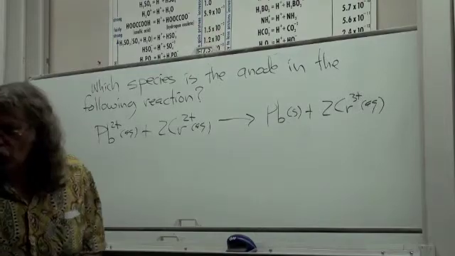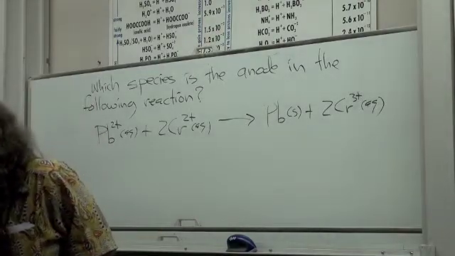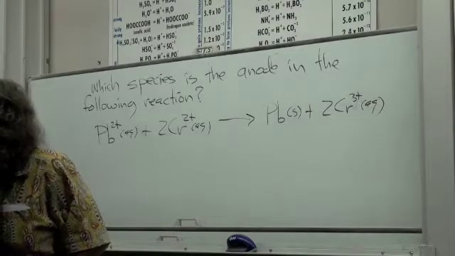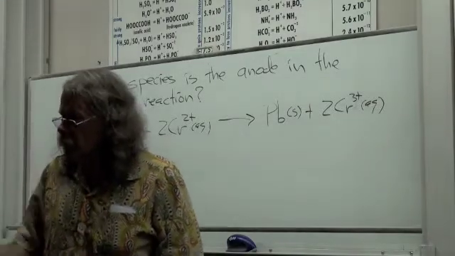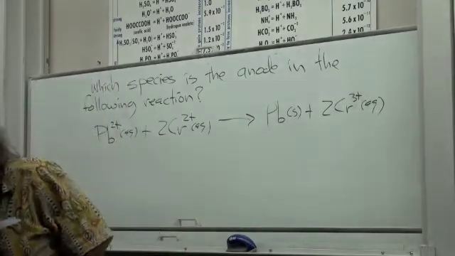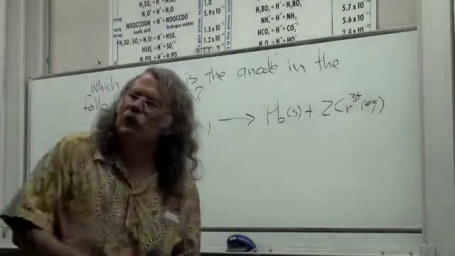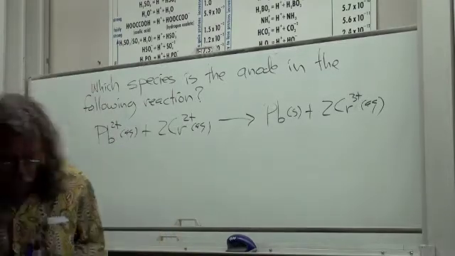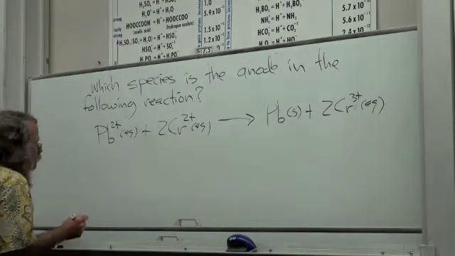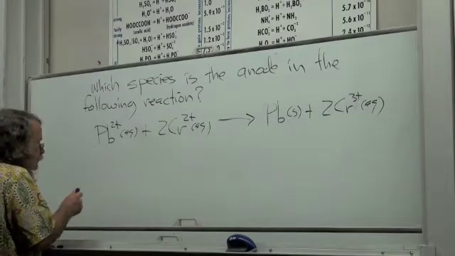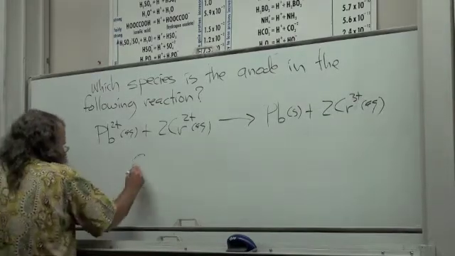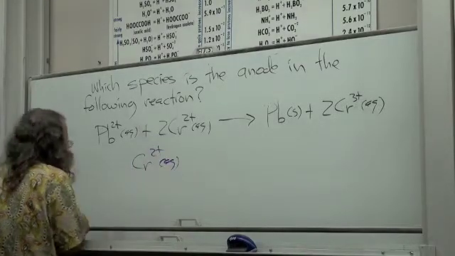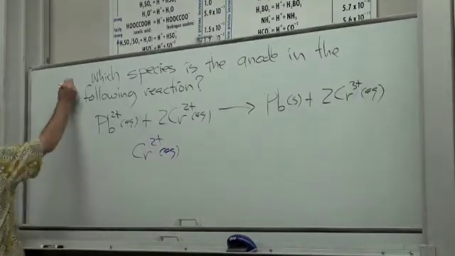Because oxidation occurs at the anode, and reduction occurs at the cathode. So to answer this question, chromium 2 plus is the anode. That's A.